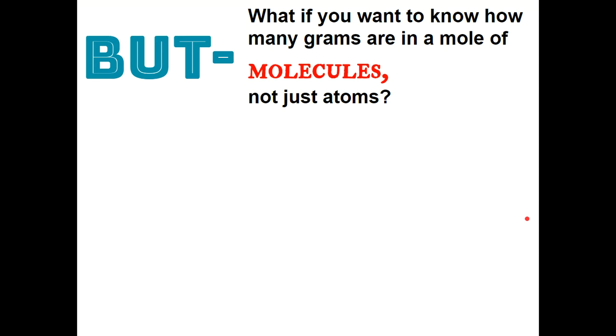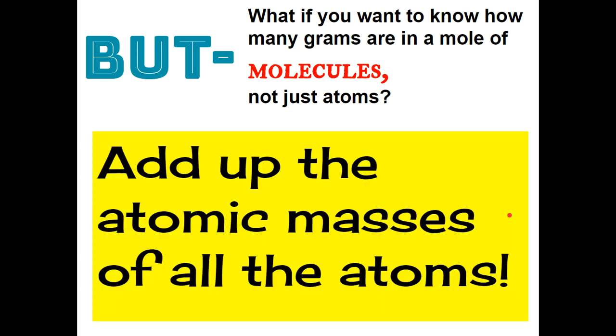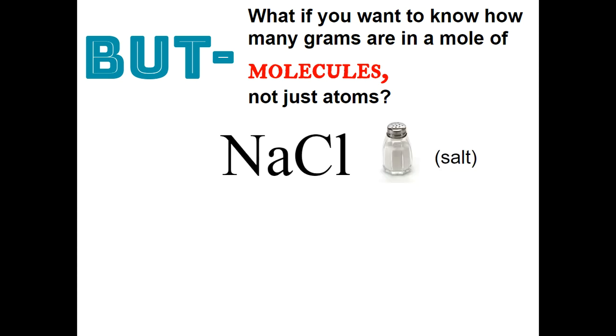But what if you want to know how many grams are in a mole of molecules, not just atoms, so not just a single atom, so it's not going to be written on the periodic table? Here is how. You add up the atomic masses of all the atoms in that molecule. Okay? Example. Sodium chloride, or just regular table salt. So it's NaCl.